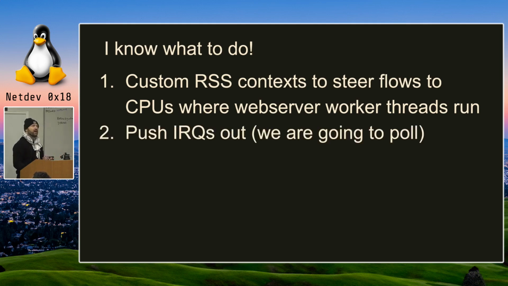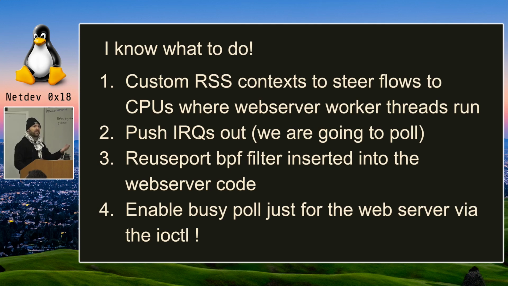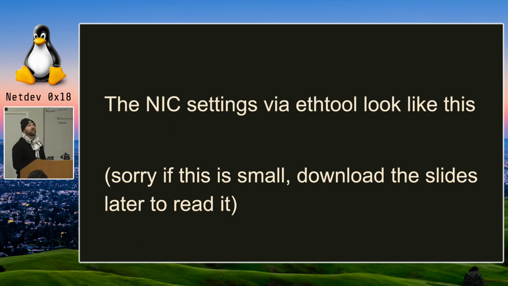Push IRQs out as far as I can because I'm going to do busy polling, so I don't actually need interrupts anymore. We'll just insert a really simple reuse port BPF filter into the web server code to distribute connections to threads. Easy. And then I can just enable busy poll just for the web server with an ioctl. How hard could that possibly be, right?